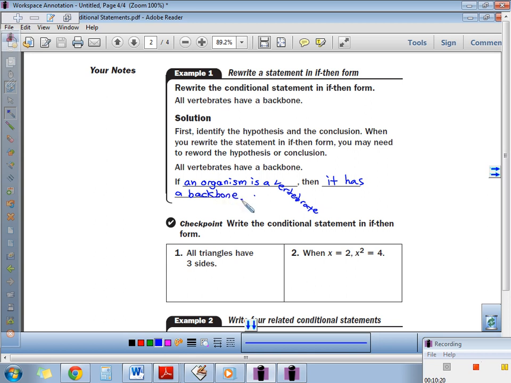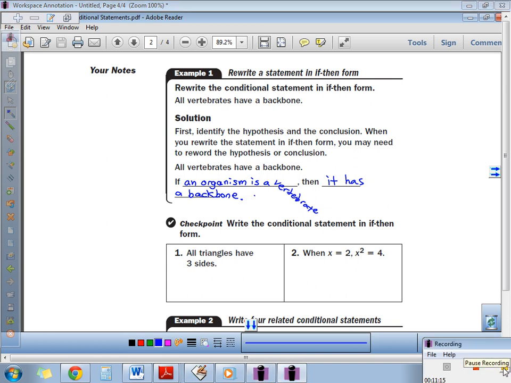One more time: if an organism is a vertebrate, then it has a backbone. Be careful. You don't want to say if it is a vertebrate, then it is, or it has a backbone. You don't want to use it a whole lot. Sometimes you need to start off with a descriptive word. Organism was my descriptive word, and then I broke it down from there.